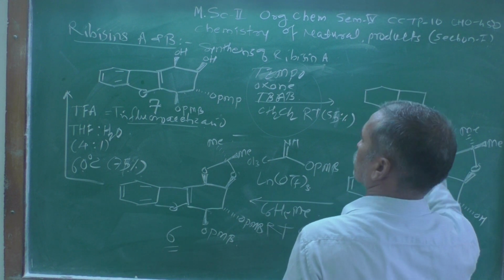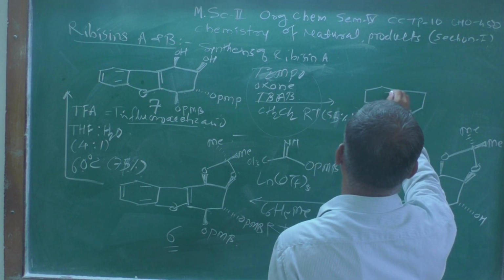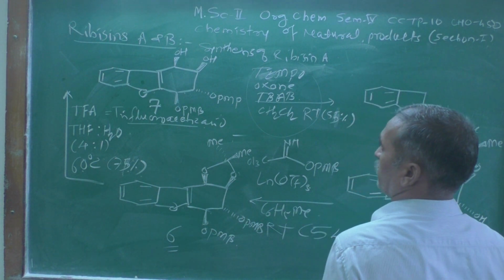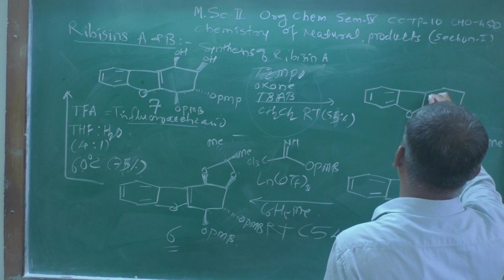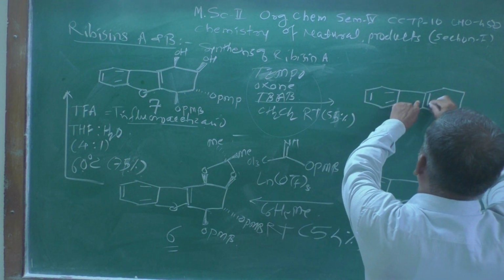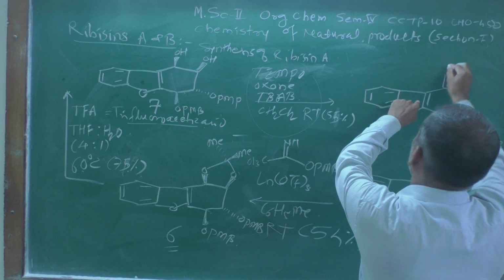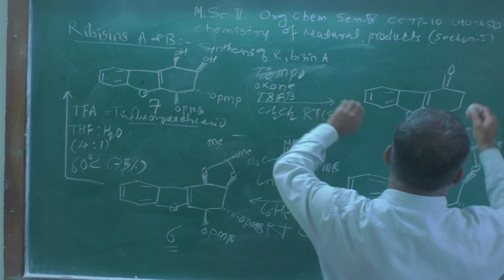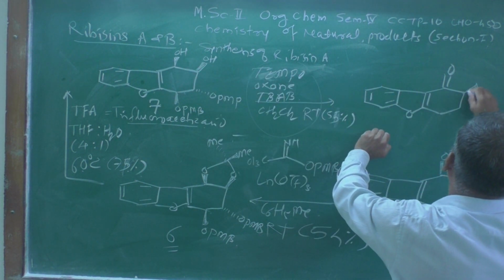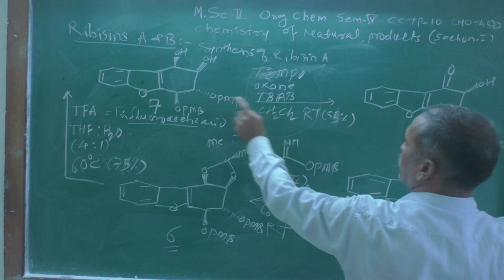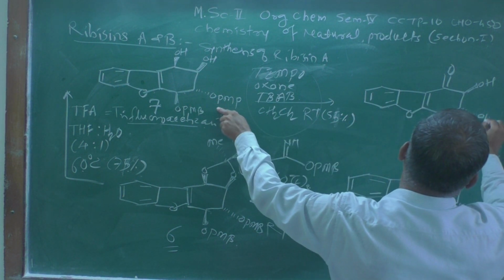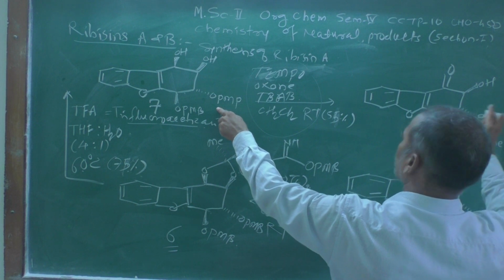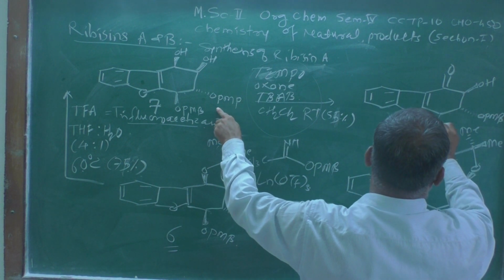I am drawing that structure. This is the moiety which remains as it is, and now here what you are going to get: a double bond already, and with respect to that double bond, here is oxidation of that hydroxyl group, and the other hydroxyl group remains as it is. And this is the compound with OPMB, that protection still remains over there.